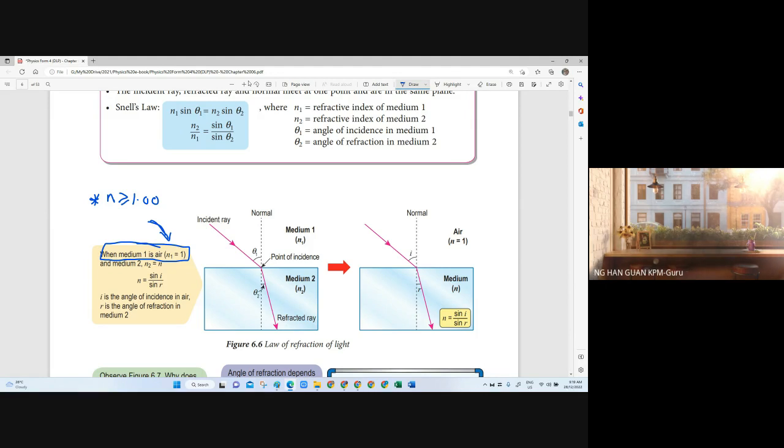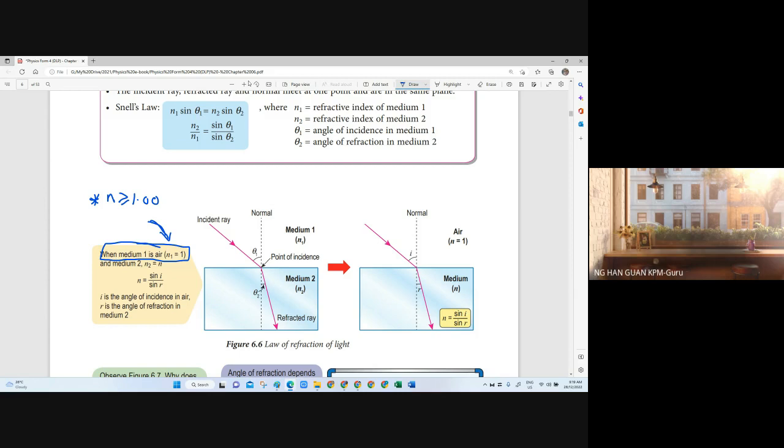So when I ask you to plot the graph of sin i against sin r, it doesn't follow the usual responding against manipulated variable rule, because both sin i and sin r are calculated values, which are secondary data, not first-hand data from the experiment. Once it is secondary data, the graph can be plotted in any way according to what we need to know from the graph.